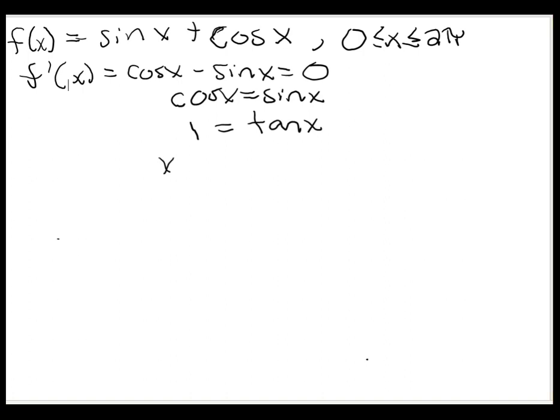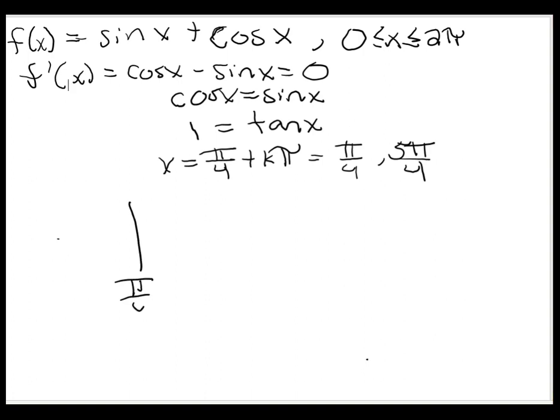Well, if you put it in a calculator, you'll get pi over 4. And then tangent repeats every integer multiple of pi. But within our domain, that's just pi over 4 and 5 pi over 4. Okay, so those are our critical values, pi over 4, 5 pi over 4.